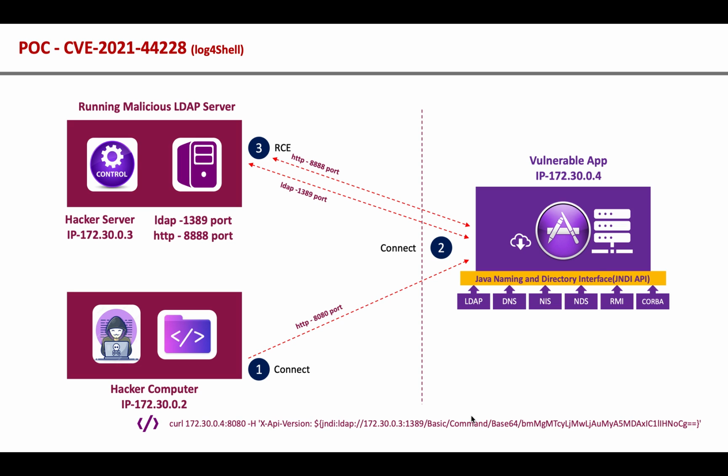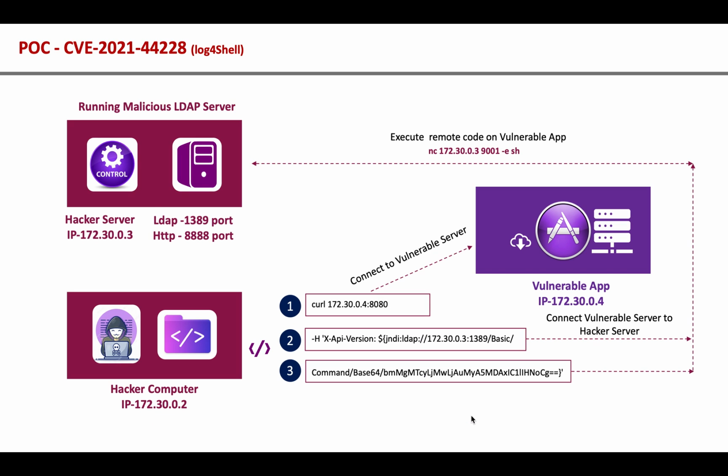Let us dissect the command by dividing it into three blocks. Here, the first portion of the command is a simple curl request to the vulnerable app, which is listening on port 8080. Second is the header injection with LDAP JNDI, which triggers the lookup to the malicious LDAP server.